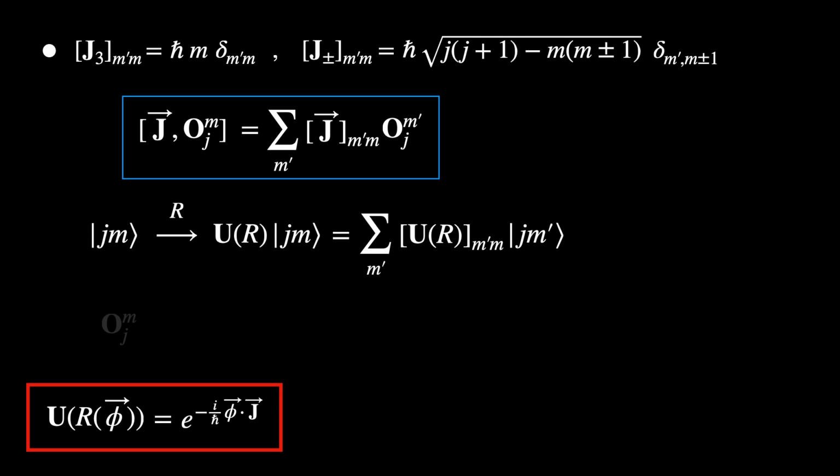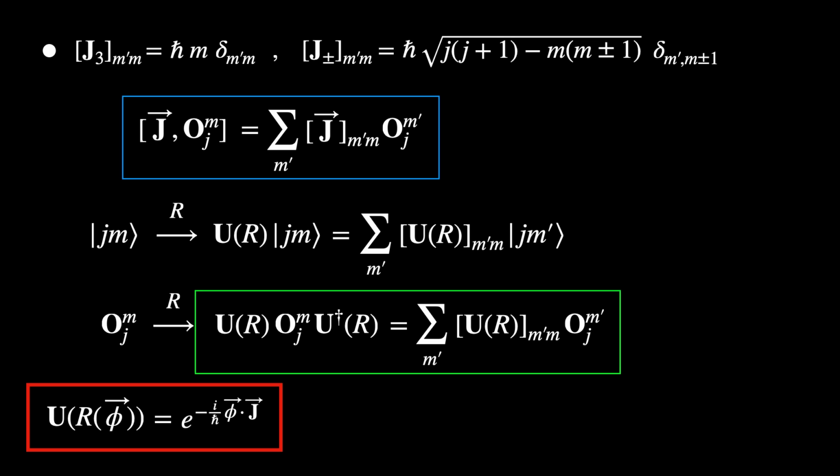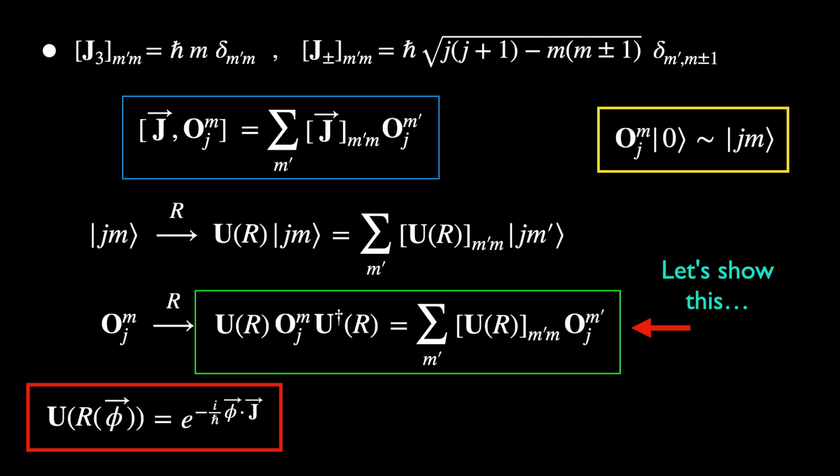We now prove that the operator OJM rotates by being sandwiched between U and U dagger, and this must be equal to the same U matrix that transforms the states JM. By establishing the result in the green box, we can prove once and for all the equivalence in the yellow box in terms of how these two states rotate. As mentioned before, this equivalence is the key to proving the Wigner-Eckart Theorem.